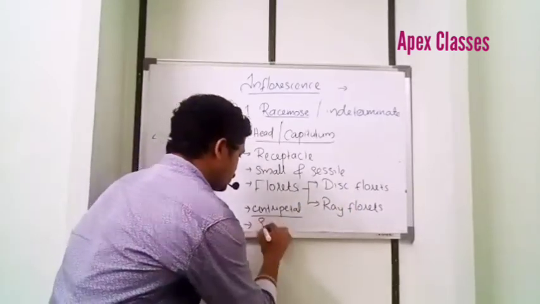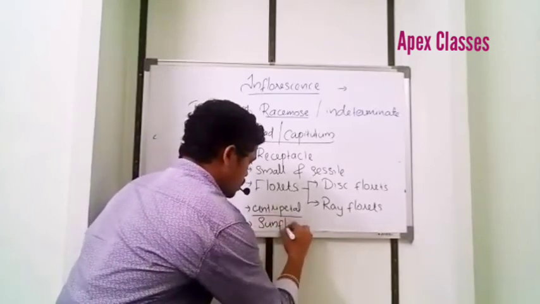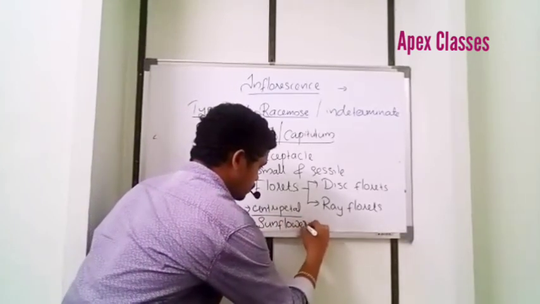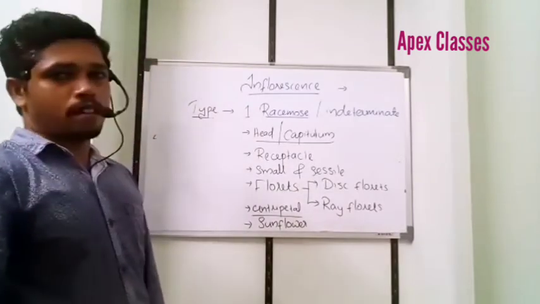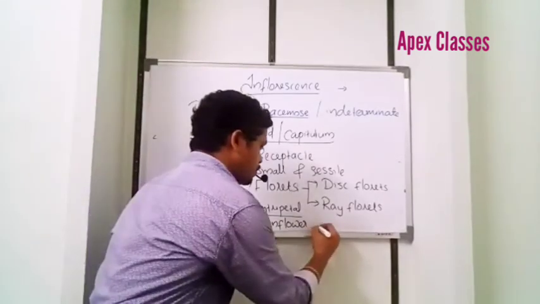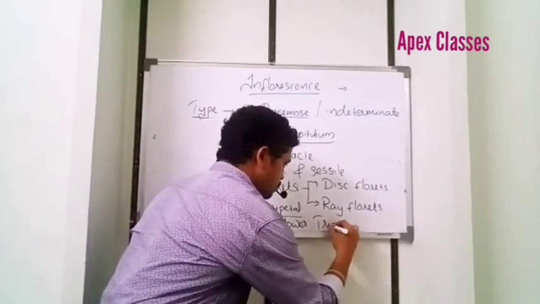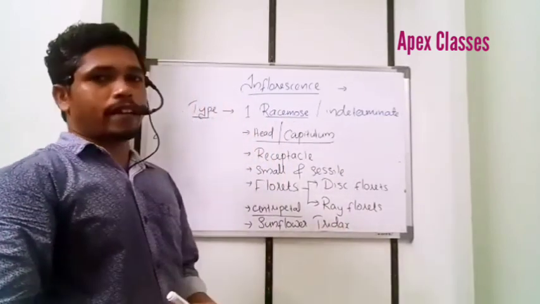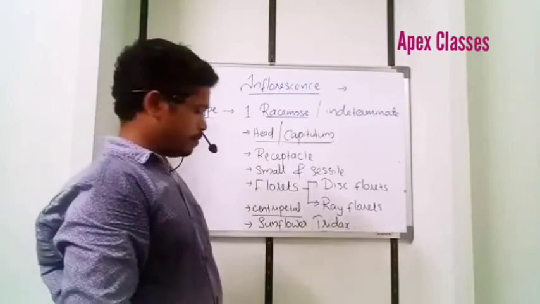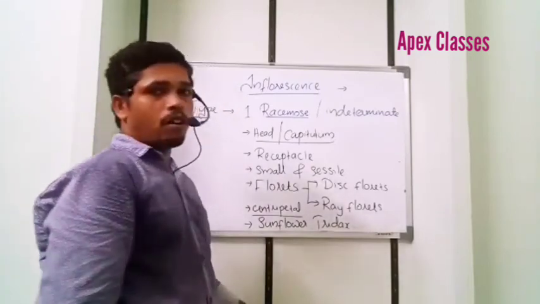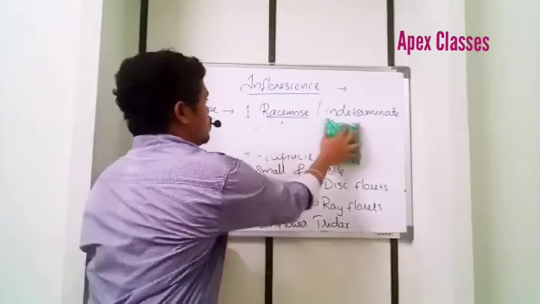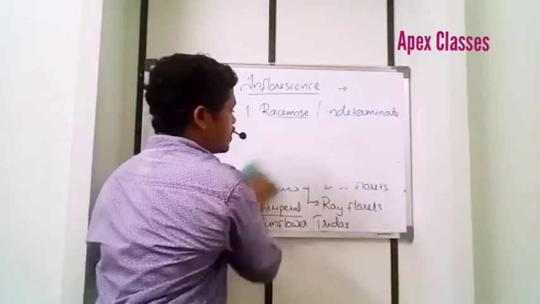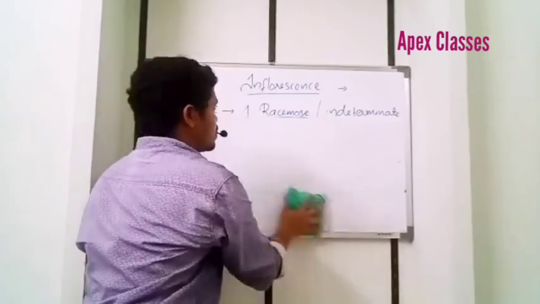Example: sunflower and Tridax. This is an example of head or capitulum inflorescence. This is all about racemose inflorescence. In the next class, we will discuss cymose inflorescence.